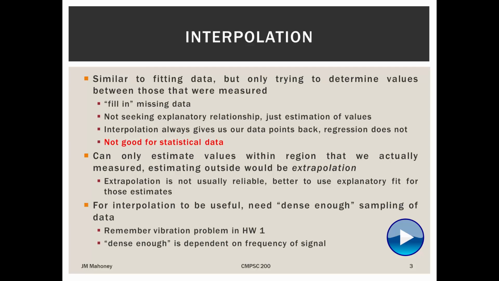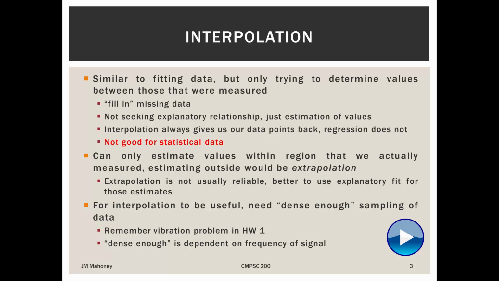Now, to effectively use interpolation or even a curve fit, we need enough original data so that we can make a good estimate as to what's happening between those data points. If you remember all the way back to the first homework where we looked at that vibration problem, when we only used a couple of points to describe that trig function, it didn't look at all like a sinusoidal wave or some sort of periodic function. But the more data we collected, the more samples we used, the more it looked like the original function. The same is true when we have experimental data.